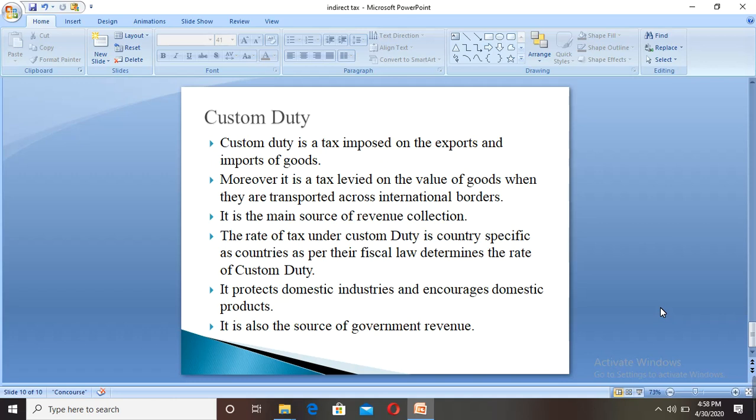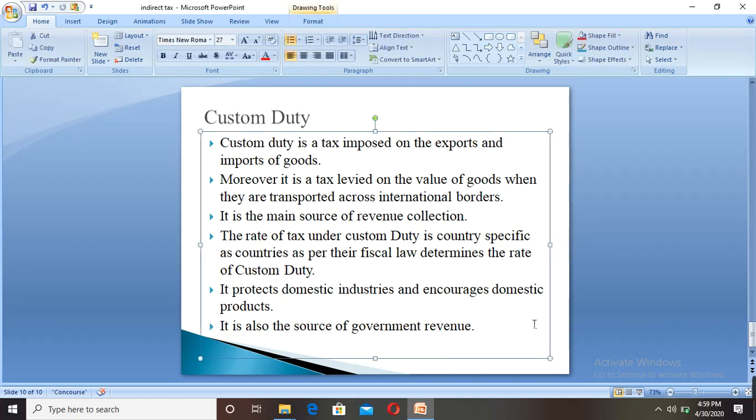So it definitely protects our local industries, and it also encourages people not to use international products, because international products are always expensive because of duty, and it is also a source of government revenue. So government collects enough revenue from custom duty. Those are the advantages of custom duty as well.